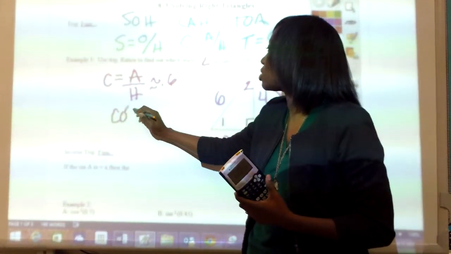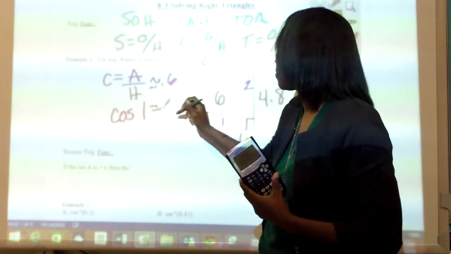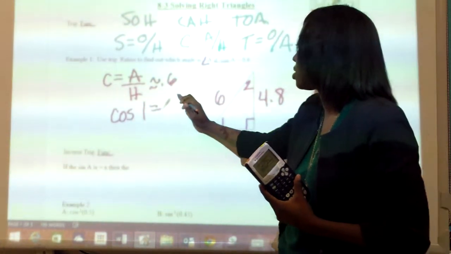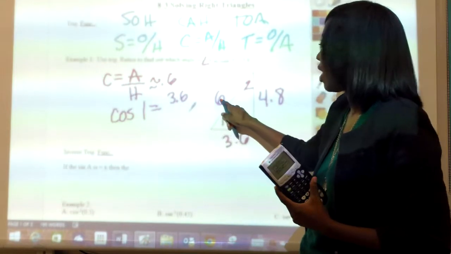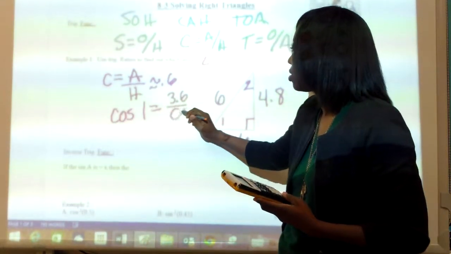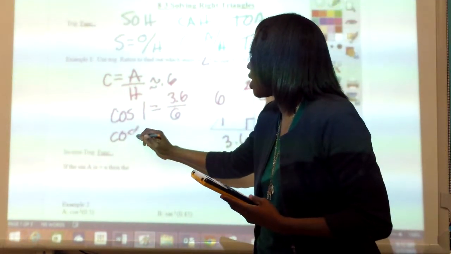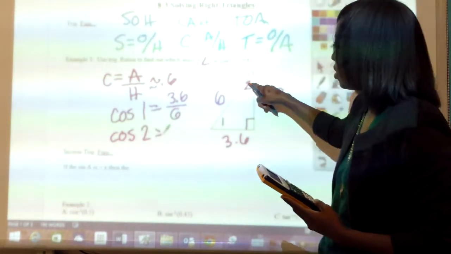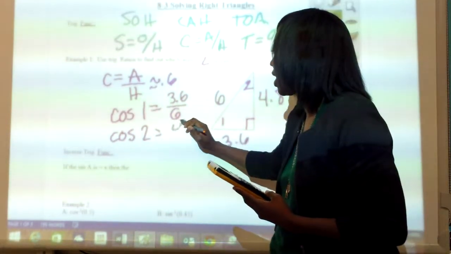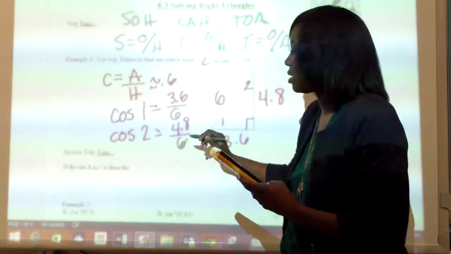So if we find the cosine of angle 1, remember cosine's adjacent divided by the hypotenuse, that's 3.6 divided by 6. And then cosine of angle 2, adjacent to that will be 4.8 divided by 6.